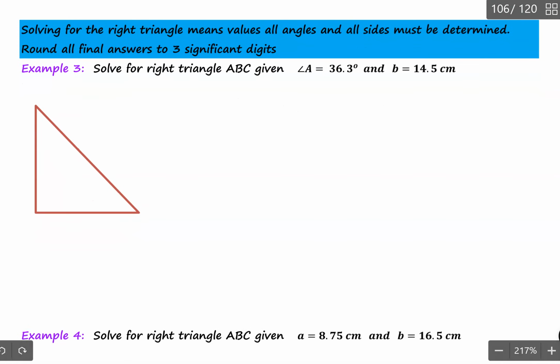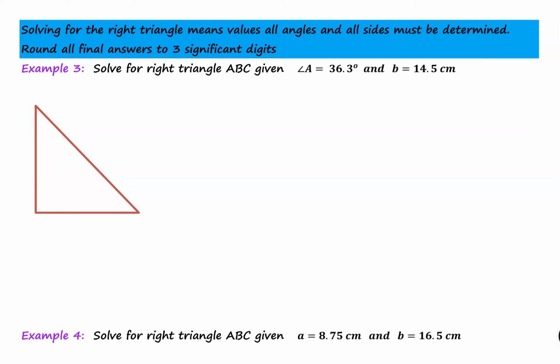In this example, I am asked to solve for the right triangle ABC, given A equal to 36.3 degrees and B equal to 14.5. So solve for the right triangle means that I have to solve for all the angles and all the sides.